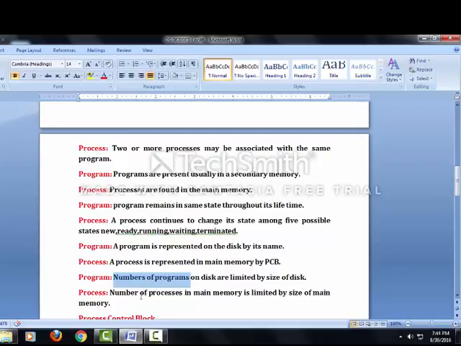In the same way, the number of processes depends on the size of primary memory, how many processes we are running in the primary memory. So it depends on the size of primary memory or RAM. So programs are based on the size of disk and processes are based on the size of primary memory.